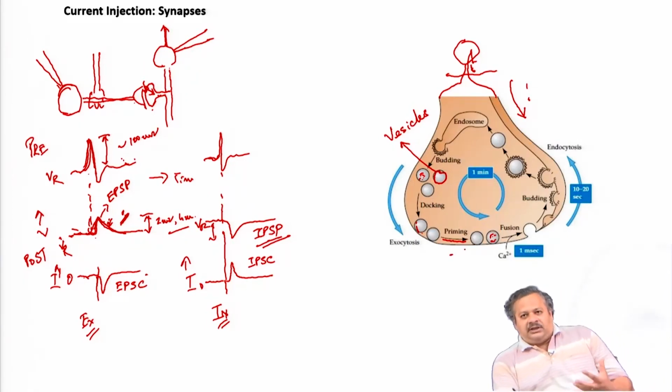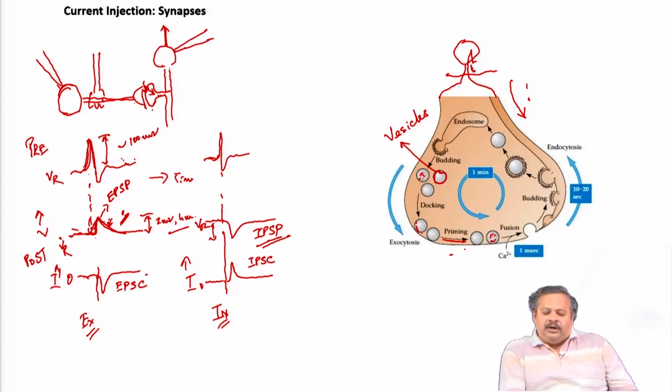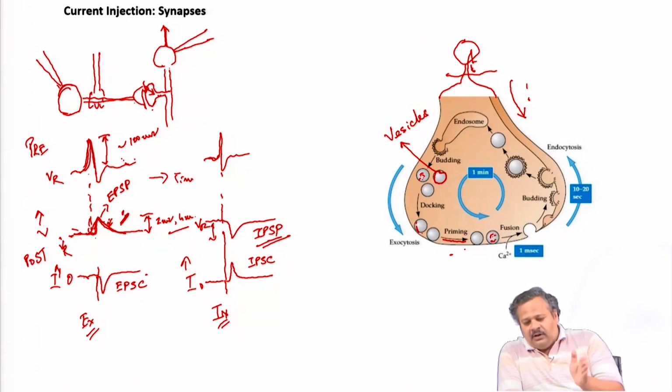What we mean by the action potential reaching the axon terminal is that the voltage takes time to travel from the soma or the axon hillock through the axon, and finally the membrane potential depolarization equivalent to the action potential occurs in the presynaptic terminal, in the axon terminal.